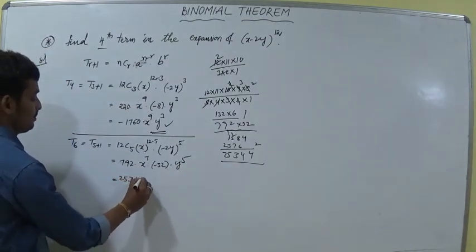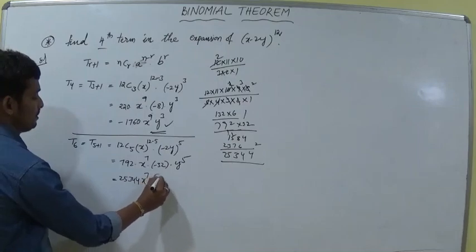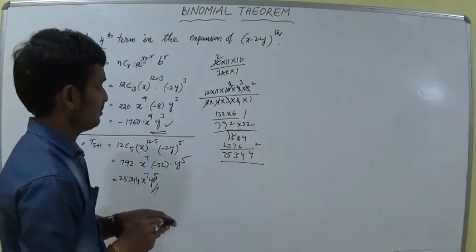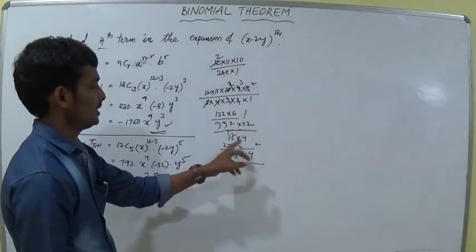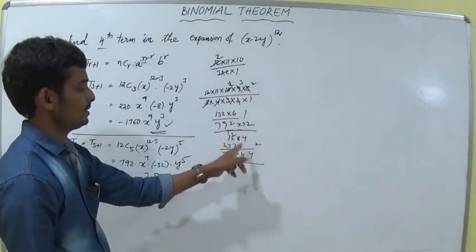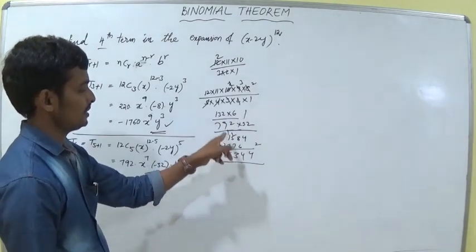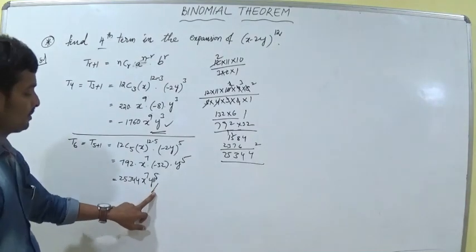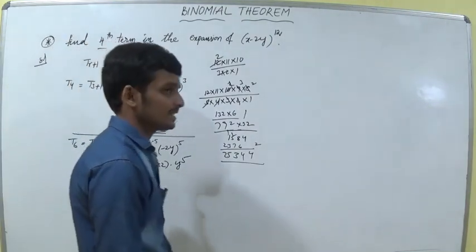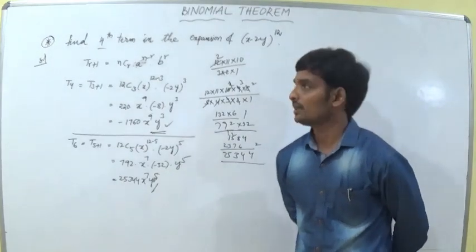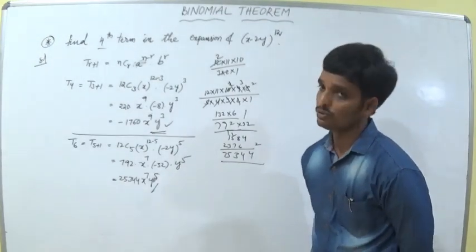Once observe the multiplication here. The result is 25344 x to the power of 7 y to the power of 5, with the minus sign. This is the sixth term in the given expression, (2x minus 2y) whole to the power of 12.